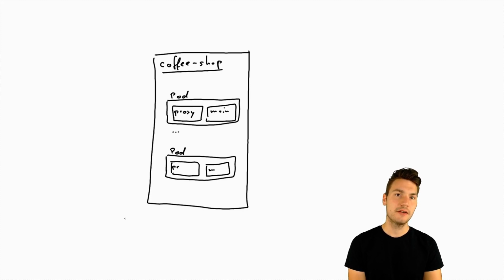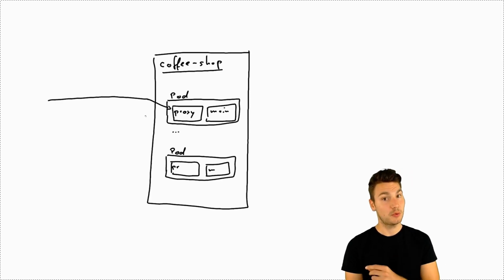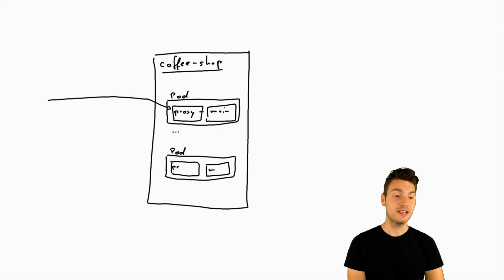For example, if we have incoming traffic, if a client wants to route to our coffee shop instance, then we route to the proxy, and the proxy intercepts the traffic, and then it might forward to the main container. Then the main container, our application, is called. And the response also goes back through that proxy. All of that happens transparently to our application.